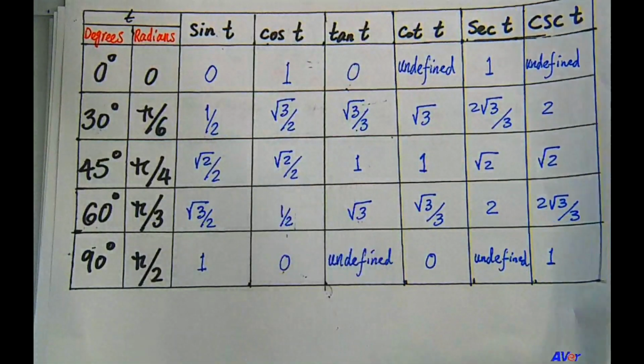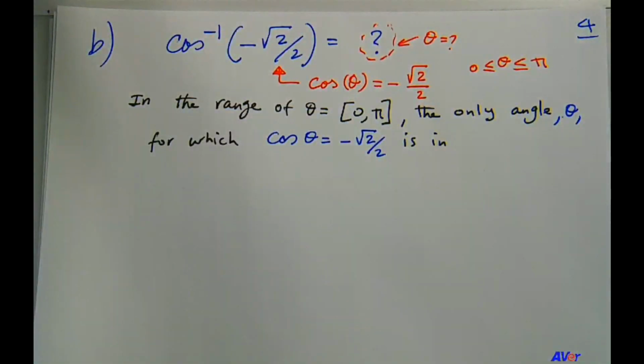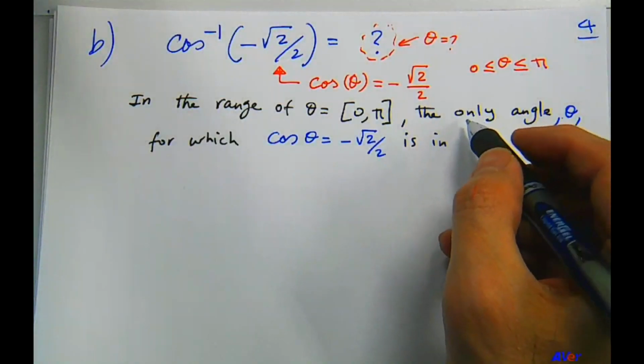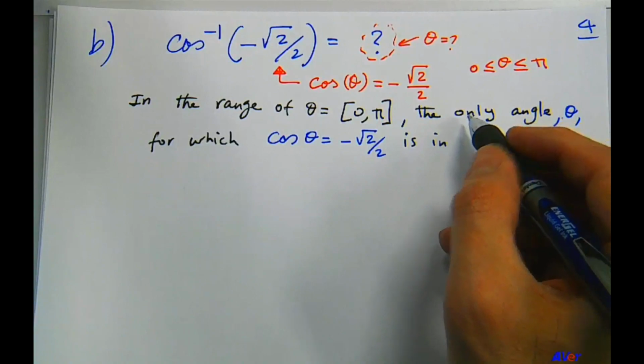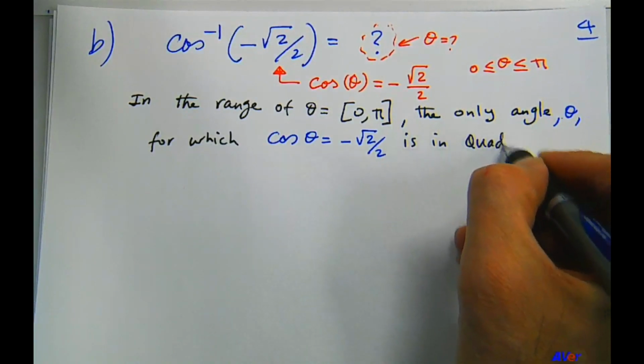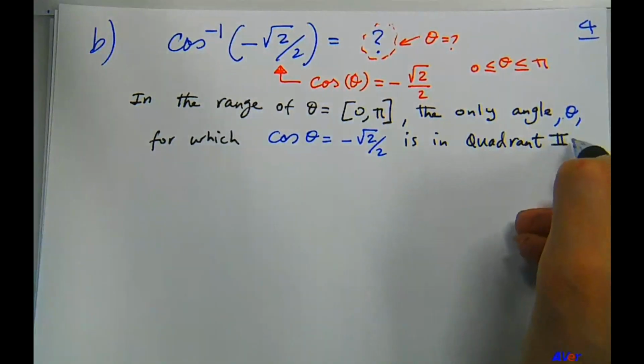So our reference angle in the second quadrant is the 45-degree angle. So theta is in quadrant 2. That's what I wanted to write down.